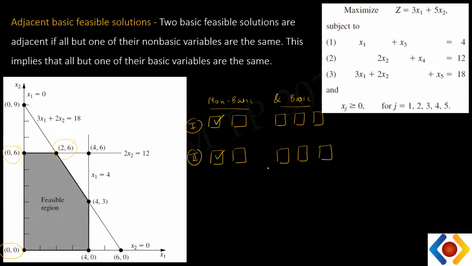Are you understanding what I'm trying to say? Yes, sir. So all this is doing is algebraical rather than graphical. Yes. So see, I'm saying I have 2 solutions. First solution, these 2 boxes are representing the non-basic variables. These 3 boxes are representing the basic variables. In the second solution, there is one more solution.